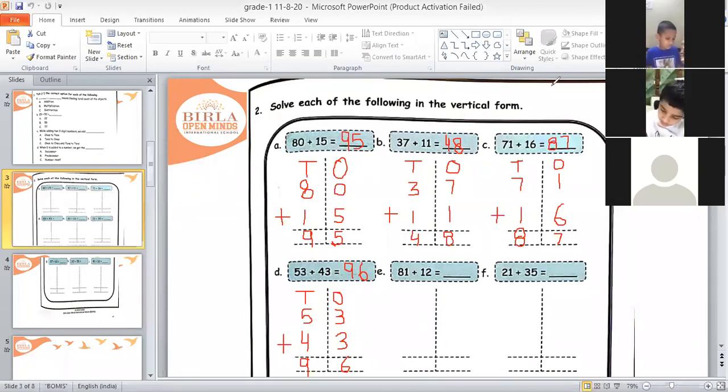Yes, Hanvit, now read bit E. Read that question. 81 plus 12. Yeah, so now the question is 81 plus 12. Very good, Hanvit. So we will first write these numbers in ones and tens form.